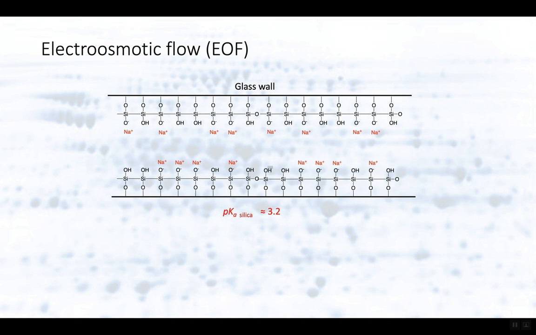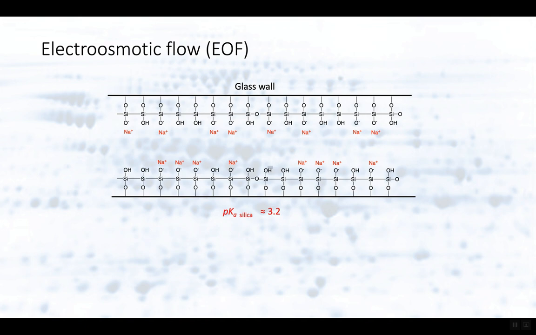If we have silica, that's glass is mostly silica, we're going to have pendant hydroxyl groups along the wall. Those hydroxyl groups have a pKa of about 3.2. They will donate a proton to the aqueous solution. And that means at any pH above about 3, there's going to be a net negative charge on the wall. Now, the same thing is true for polymethyl methacrylate, for Teflon, for all these things. They all tend to generate a zeta potential at the surface, which is negative.